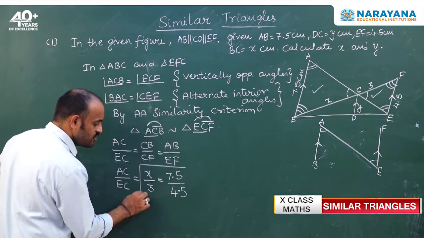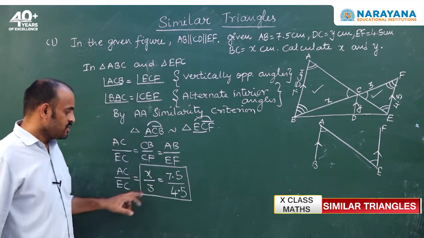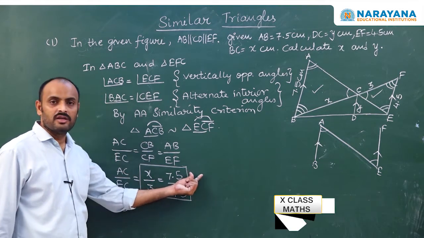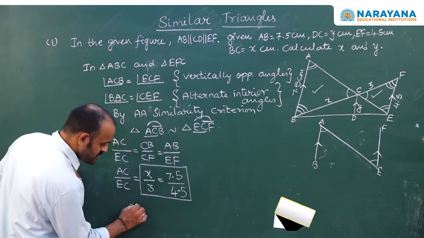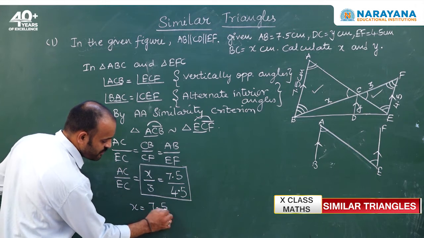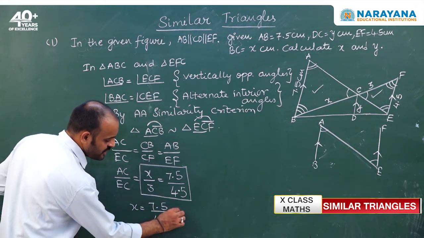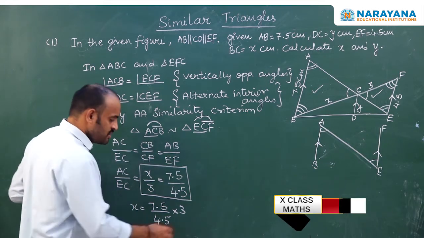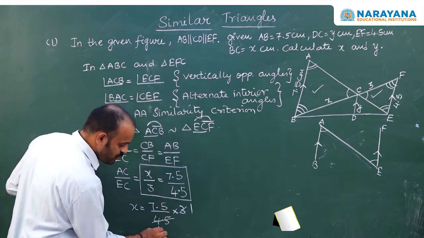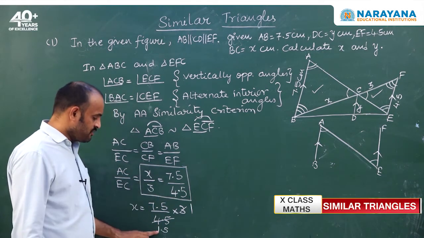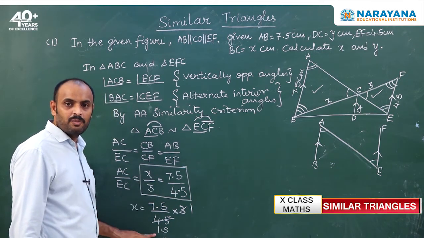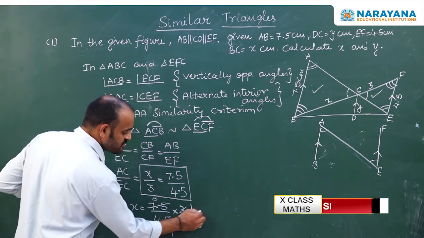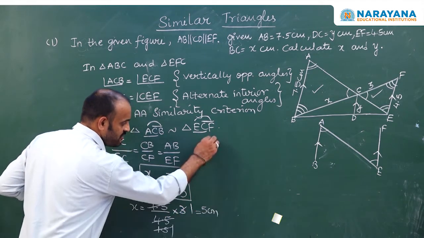I will consider these two so that we can find the value of x. 3 is dividing here, on transposing 3 will multiply. x is equal to 7.5 by 4.5 into 3. We know that 3 fifteens are 45, and 1.5 fives are 7.5. Therefore, x is equal to 5 centimeters.